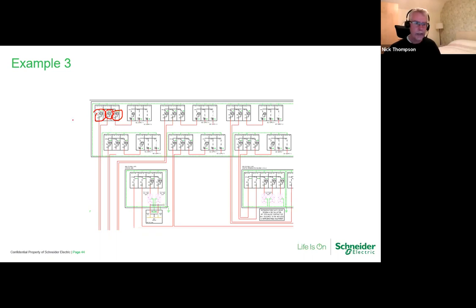Admittedly, we can't see what the ANSI codes are, but I suspect those are going to be circuit breakers, and it could very well be a closed ring kind of arrangement. So we've got a circuit breaker there by the looks of it. Yeah, I would think that's going to be a closed ring, and that's the client switches.